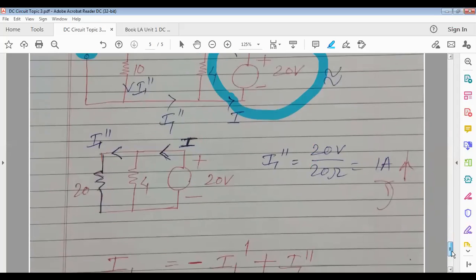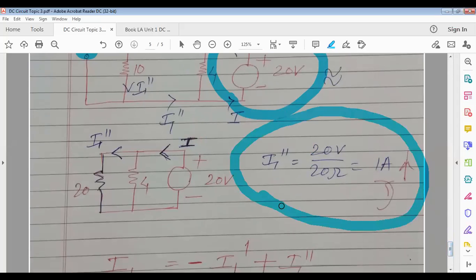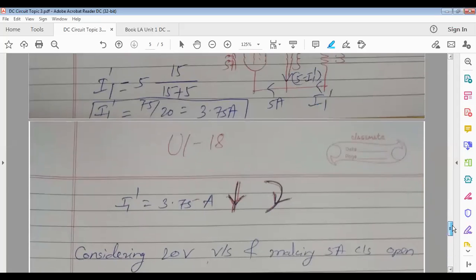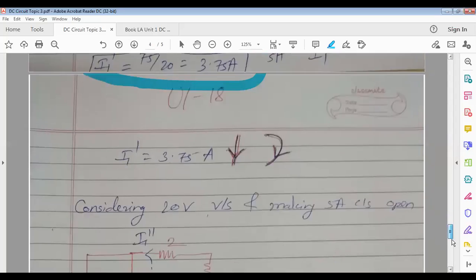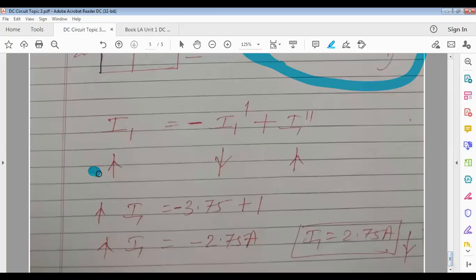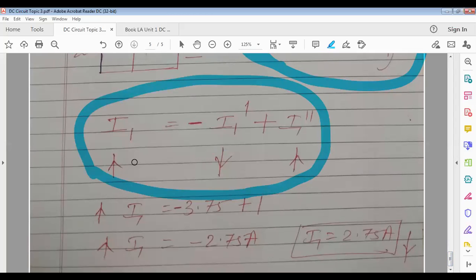Any method you can use later on. See, I1 double dash is 1 ampere in the upward direction, I1 dash is 3.75 in the downward direction, right? So then do the algebraic sum. I1 you can assume upward or downward, it doesn't matter. I have assumed upward. With reference to this, opposite direction is minus, same direction is plus.